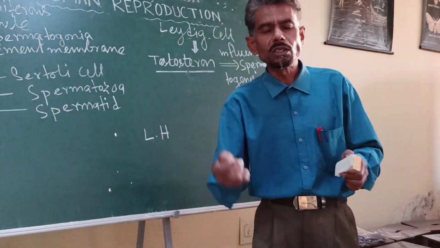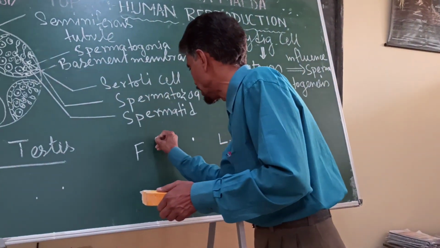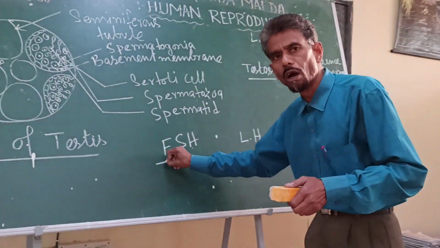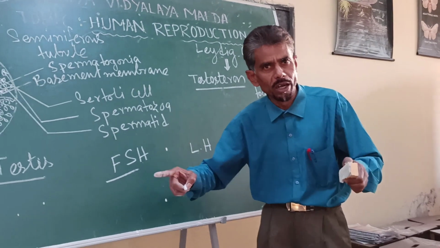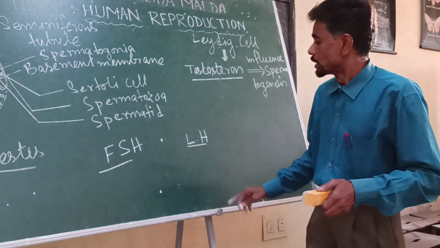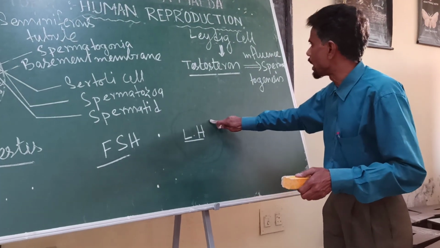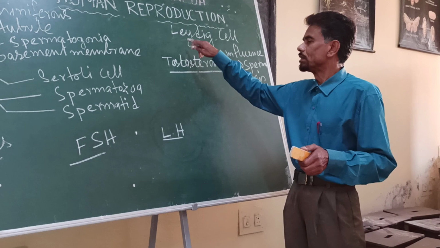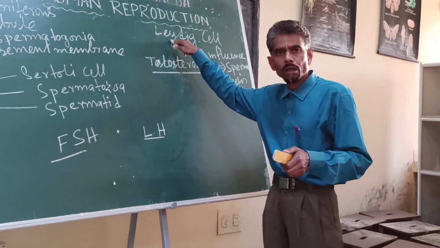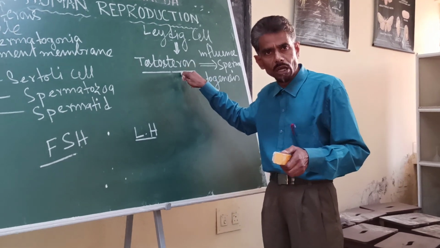Two hormones, FSH, follicle stimulating hormone, and LH, luteinizing hormone. Especially LH has a direct impact on the Leydig cell for the production of testosterone.